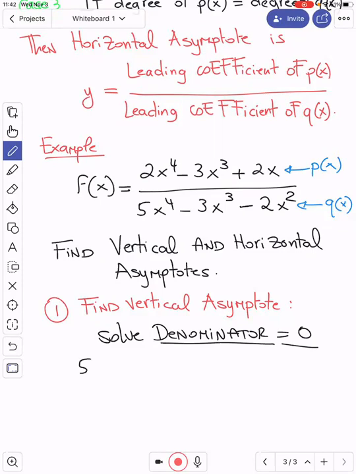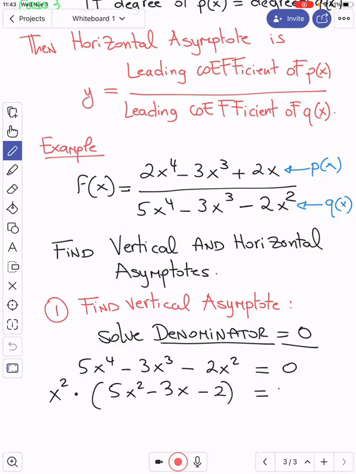So that will be 5x to the fourth minus x cubed minus 2x squared equal to 0. And as we did for the polynomials, you have to find the common factor. That will be x squared in this case. So this is x squared times 5x squared minus x minus 2 is 0.